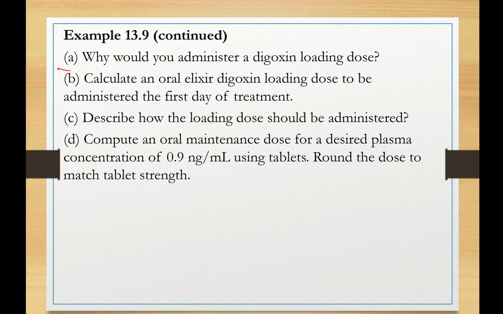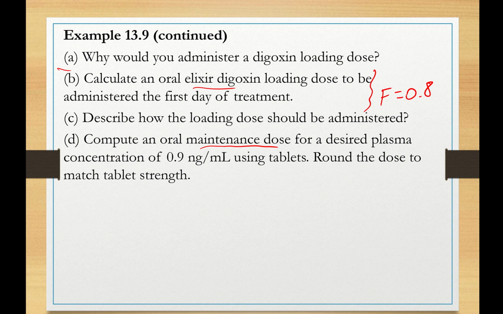Why would you administer a loading dose for digoxin? Calculate an oral elixir digoxin loading dose. Of course, F for the elixir is 0.8. Describe how you should administer the loading dose and compute, at the end, the oral maintenance dose.